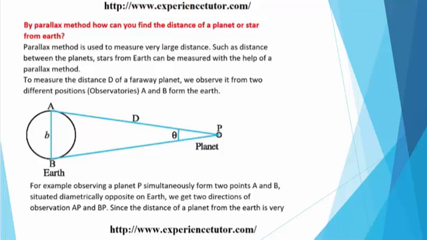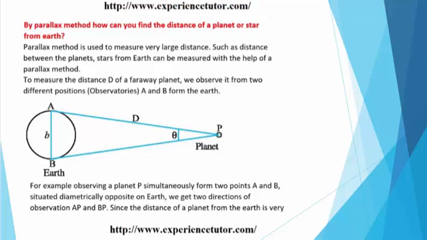Our next question is: by the parallax method, how can you find the distance of a planet or star from Earth? The parallax method is used to measure very large distances, such as the distance of planets and stars from Earth.